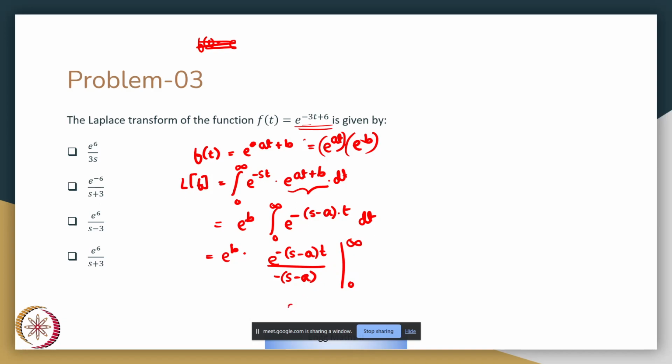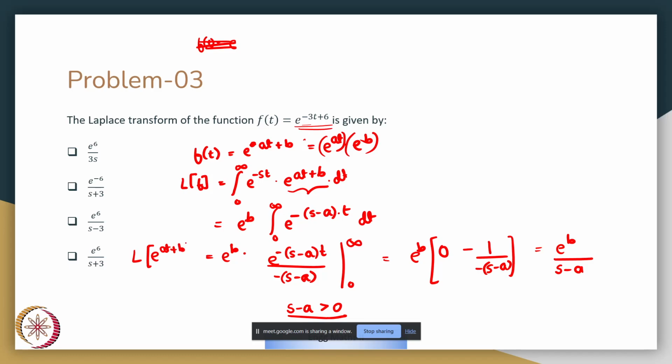This is convergent only if s minus a is a positive number. So the whole thing would look like e raised to b times 0 minus 1 upon minus of (s minus a), which is e raised to b upon s minus a. So Laplace transform of e raised to at plus b would look something like this. So this gives us a general formula.